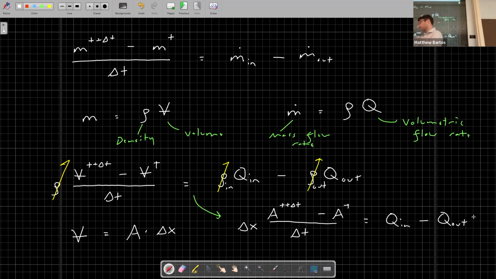We're almost there. Any questions so far? Yes. We canceled out the density because you said it doesn't change due to incompressibility. Was that only for a full pipe or also for both? That's going to be for both.